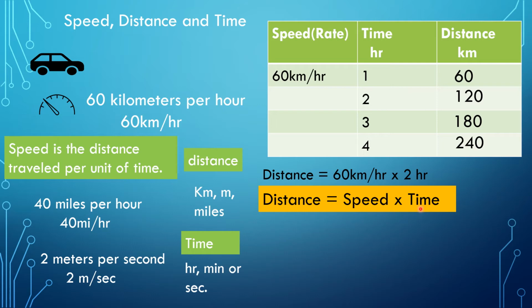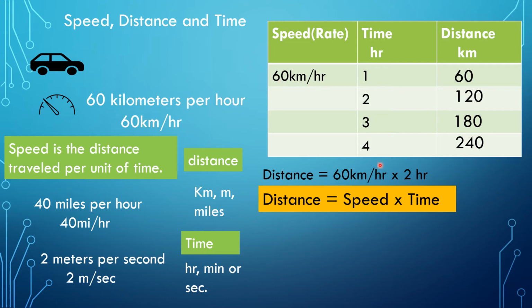Now, what if you want to find the speed? How do we find the formula for the speed? The speed here is 60 kilometers per hour. Check this one. 60 divided by 1 hour is 60. 120 divided by 2 is still 60. 180 divided by 3 is 60, the speed.